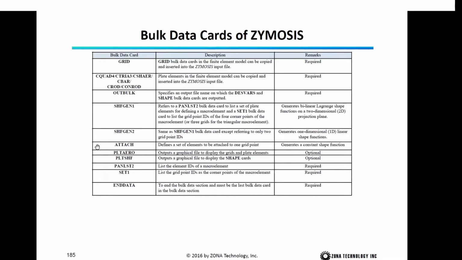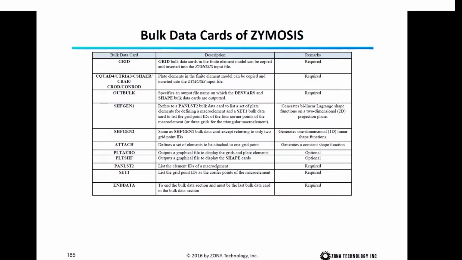Now, if we want to define a constant shape function on a set of plate elements, you can use ATTACH. And we have implemented an ARROW card to allow you to graphically view the grid points and plate elements of this ZYMOSIS input, and PLOTSHAPE to display the shape functions.